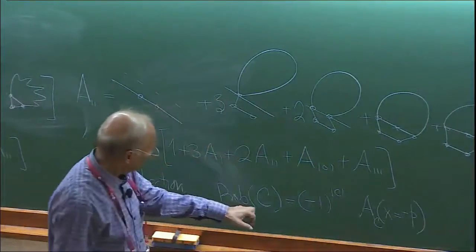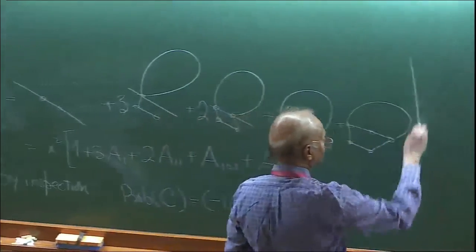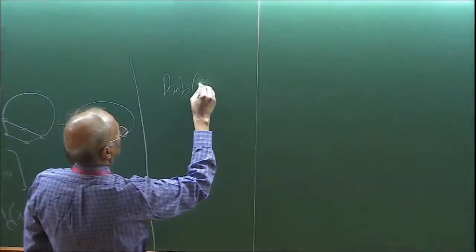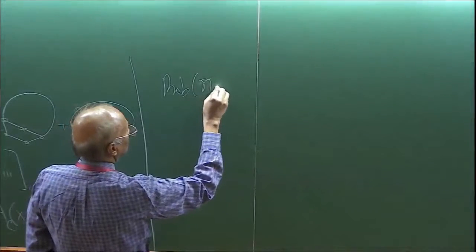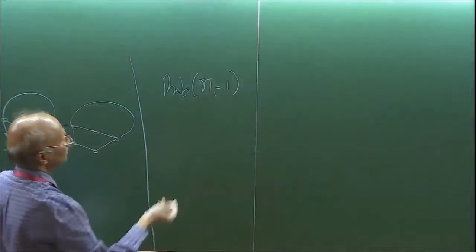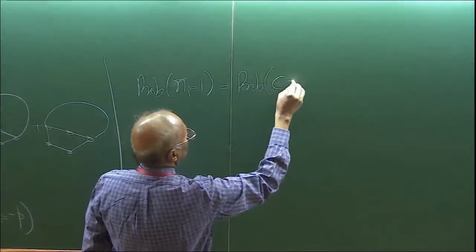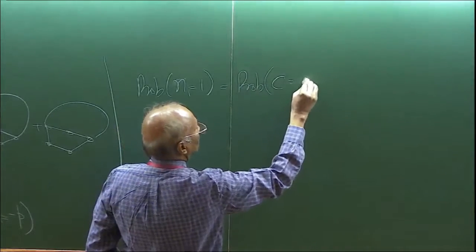In particular, if I just want Prob of n1 equal to 1, this is what we wrote, this is the same. Prob of C equal to just one occupied site.